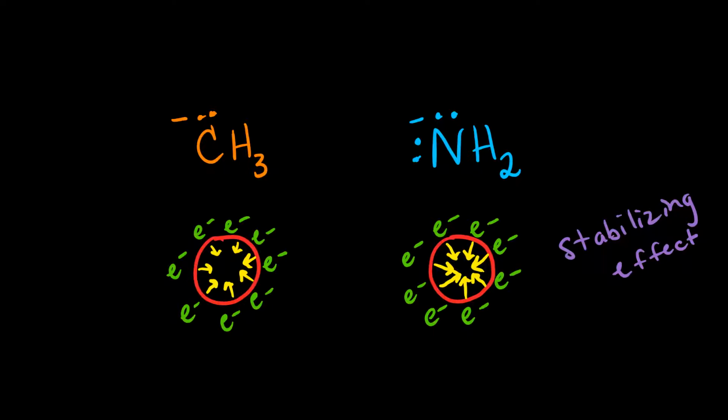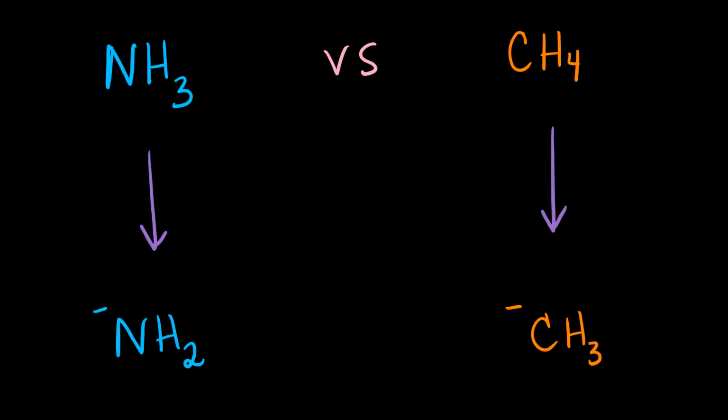So the bottom line is more electronegative atoms like, quote unquote, electron density more than less electronegative atoms. And this trend will hold true anytime you compare two elements in the same period or row of the periodic table. So again, let's see how this works back to the acidity of the acid. Since NH2 minus is more stable for the electronegativity reasons we just discussed than is CH3 minus, it's more likely to form.